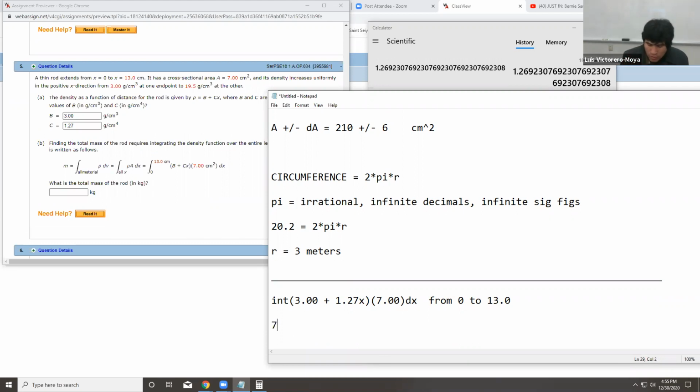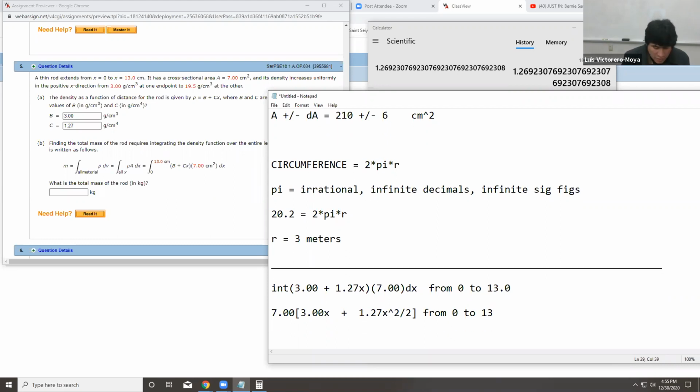First of all, the 7.00 comes out of the integral because it's a number. And then the integration of 3 plus 1.27x dx is the antiderivative, right? 13.0, 3 sig figs.